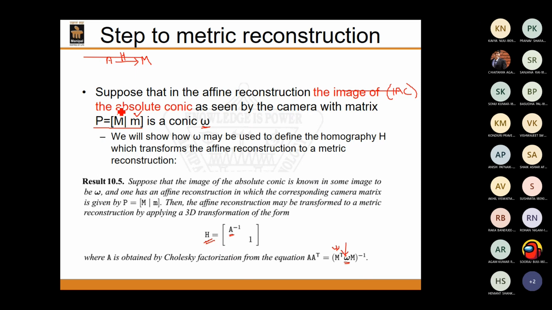And once I know H, I can convert from the affine to the metric space, right? That completes the stratified approach, where we convert from the projective to affine and then from the affine to metric.